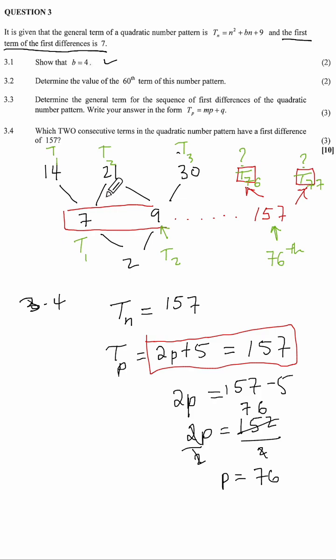If you just notice the pattern, T1 and T2 give you T1, T2 and T3 give you T3. So then T76, you get it from T76 and T77 from the quadratic. So it would be the 76th and 77th terms of the quadratic number pattern. So that's how we solve this one.